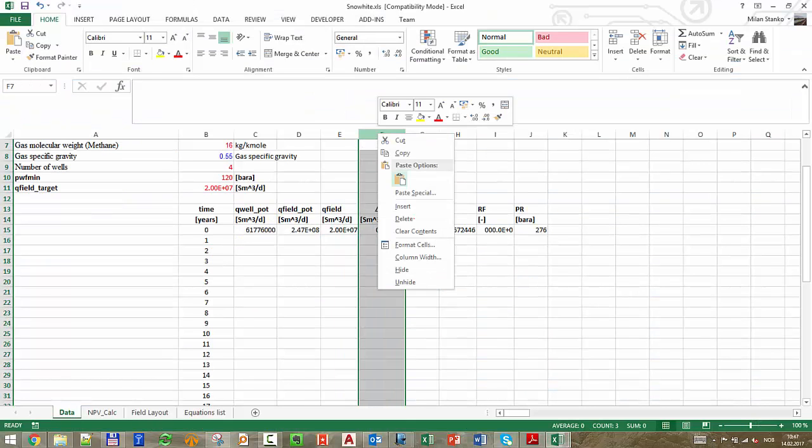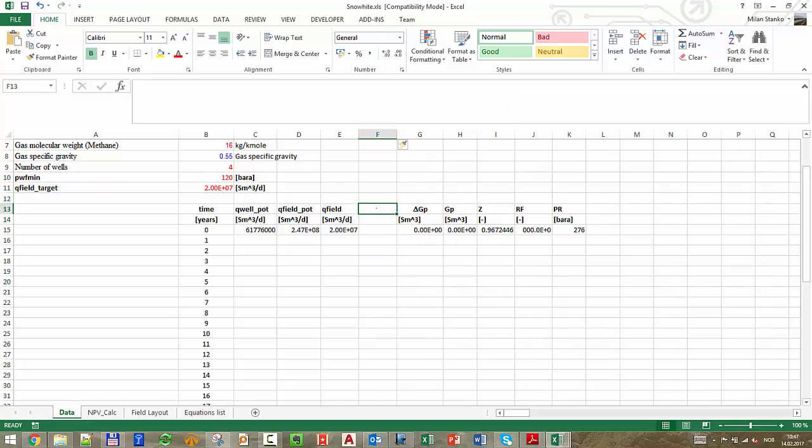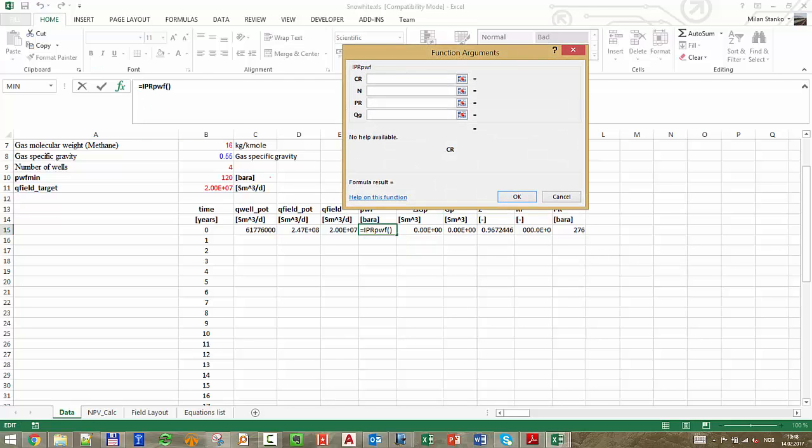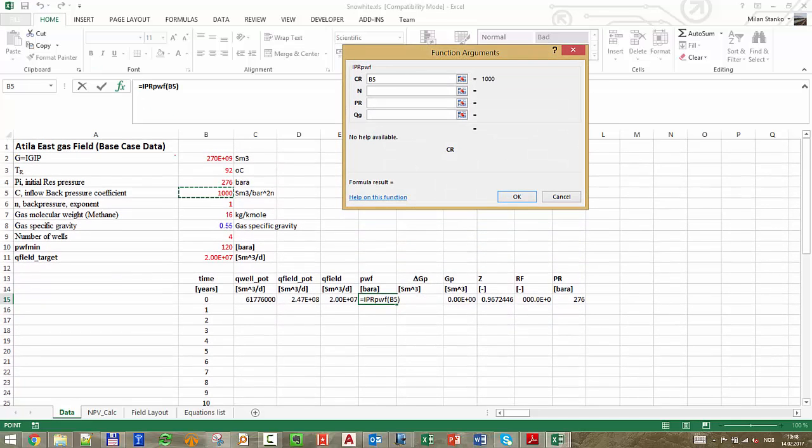So let's make one more column that I forgot to include and say PWF, and that will not be bin, but that's actually the one that we are operating at. And I will use the IPR formula, but now in that case clearing the bottom hole pressure. And here I need again the C exponent, the N exponent, the reservoir pressure, and the Q I need that number, right, divided by the number of wells.